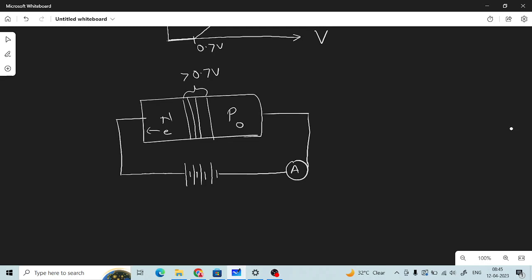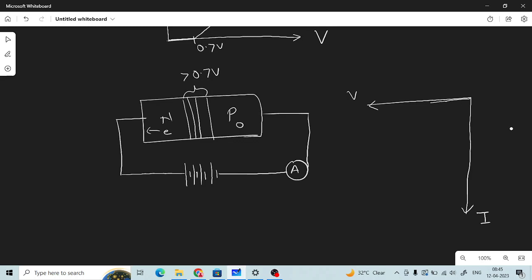Now if the potential is very less, now we have this negative potential. So the x-axis is negative, and of course the current is also negative, and therefore the y-axis is also negative. This is the y-axis, current. Now when we are giving the voltage slightly less, then the current is very less because of the very small number of electrons.